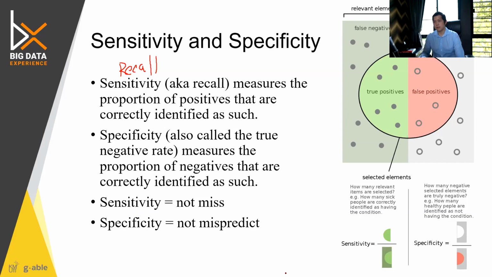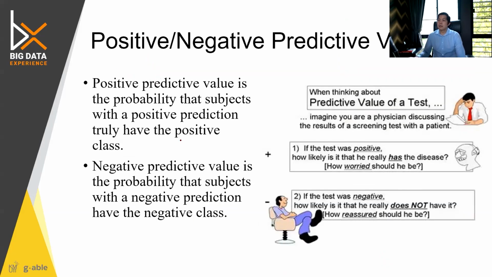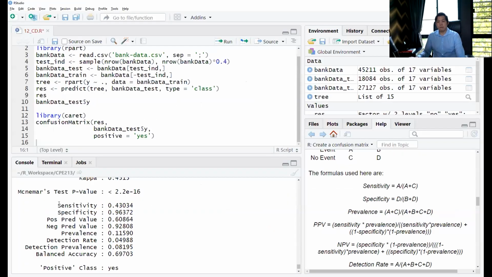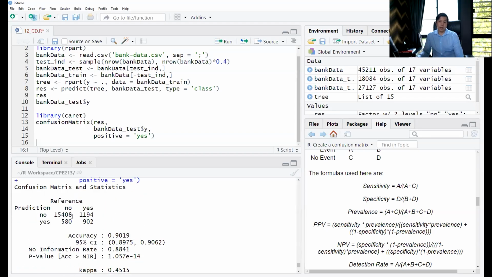Okay, for our result there, we get a sensitivity of 0.43, which means the model can recall the output of the result about 43%, and the specificity is 0.96 if we look at this confusion matrix.